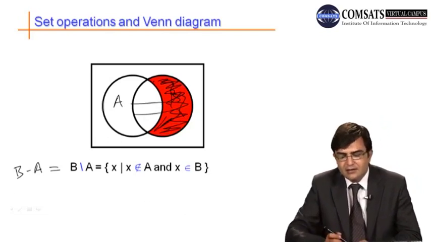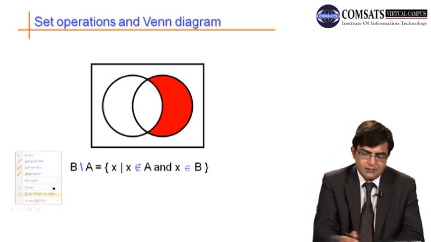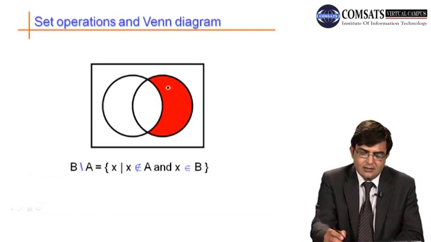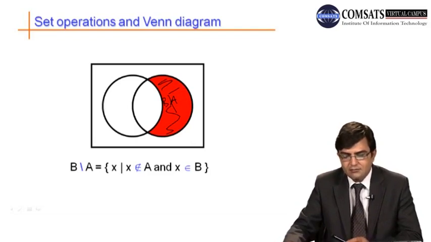This is basically A minus B, and this set is B minus A. So this is how we can express B minus A using a Venn diagram.